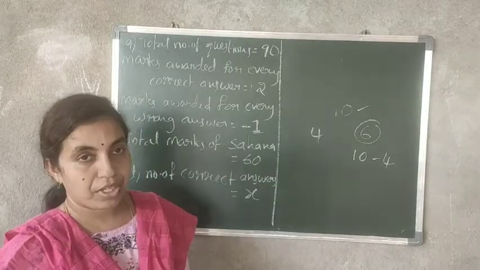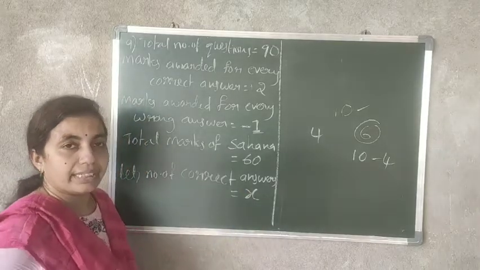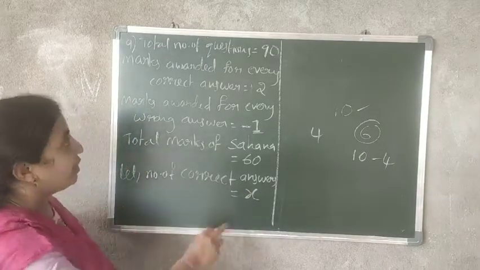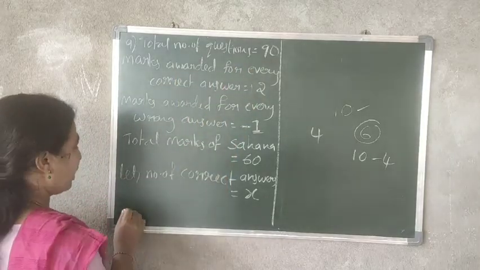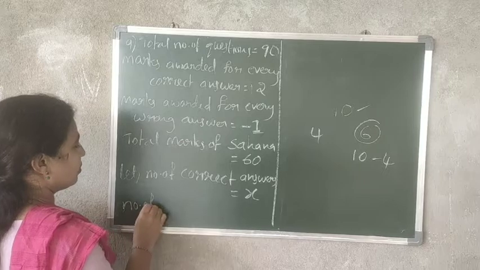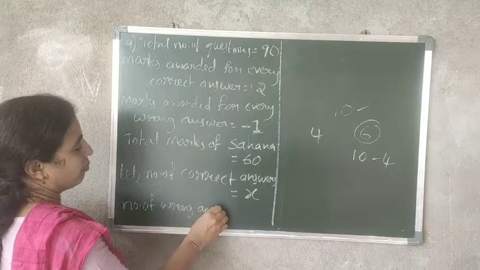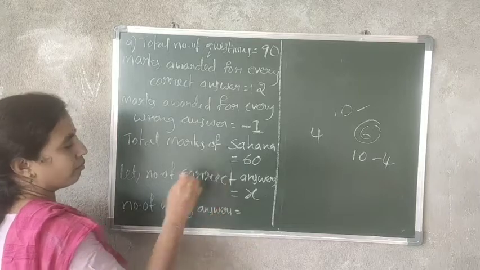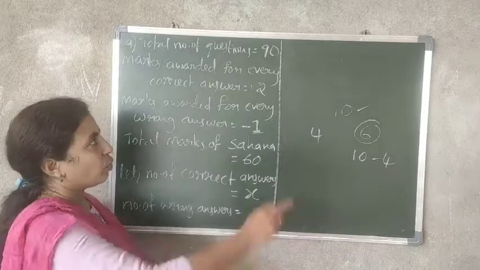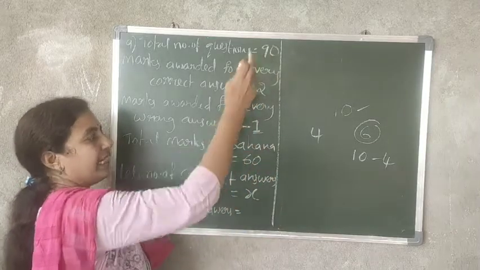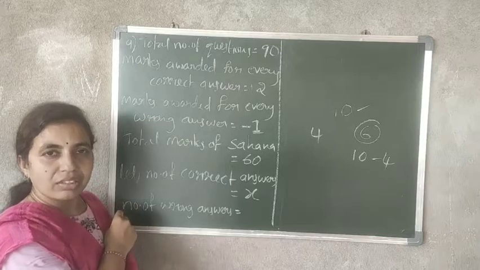But here, see, we know only the number of correct answers, and that too we are considering it as x. But we know the total number of questions. How many are they? 90. Now tell me, what is the number of wrong answers? See, total questions are 90. From that 90, she has written only x correct, means the remaining all are wrong.